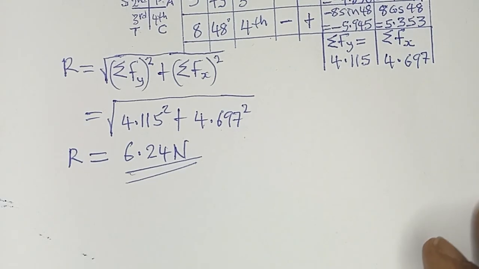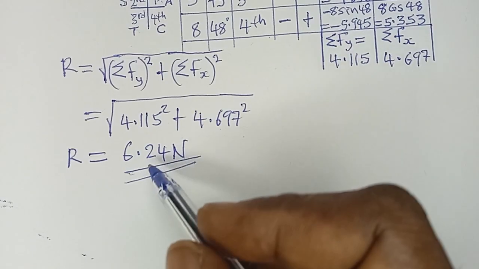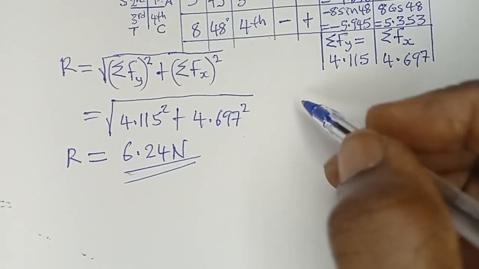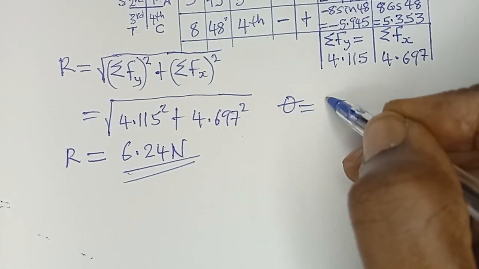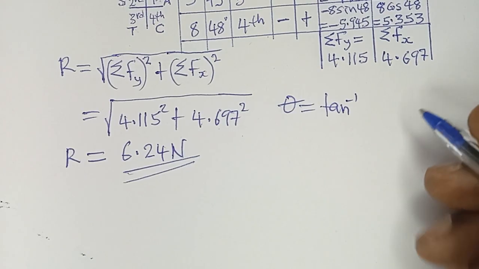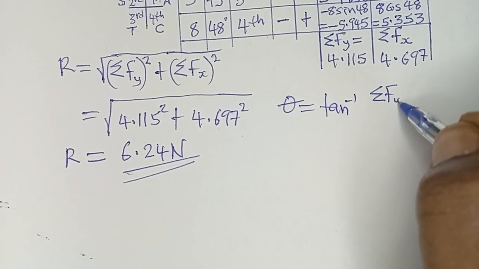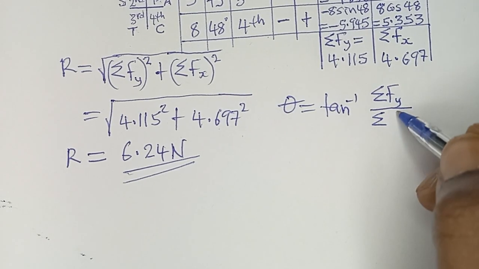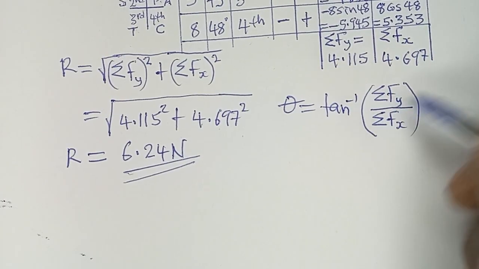And then if we want to get the angle that this resultant force acts through, we can simply use the formula for the angle: the angle is equal to the tan inverse of the summation of f of y divided by the summation of f of x.